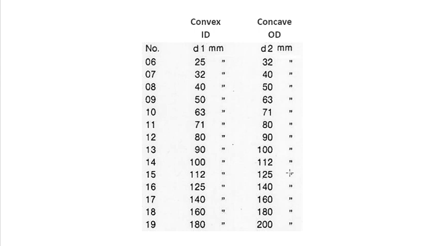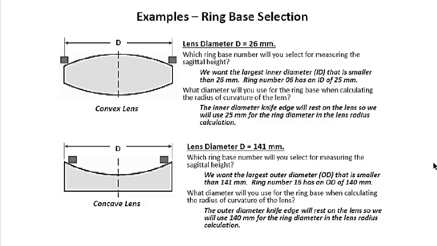Yeah, sorry, so concave lens on 140, so you're going to have a 16, yeah? So concave lens 140 is less than 141. And the number of that ring is going to be 16. Okay, so sorry about that. I got into the same convex lens. Actually, we're in a concave lens. Yeah. So therefore, the ring number is 16, and that's what we're going to use.